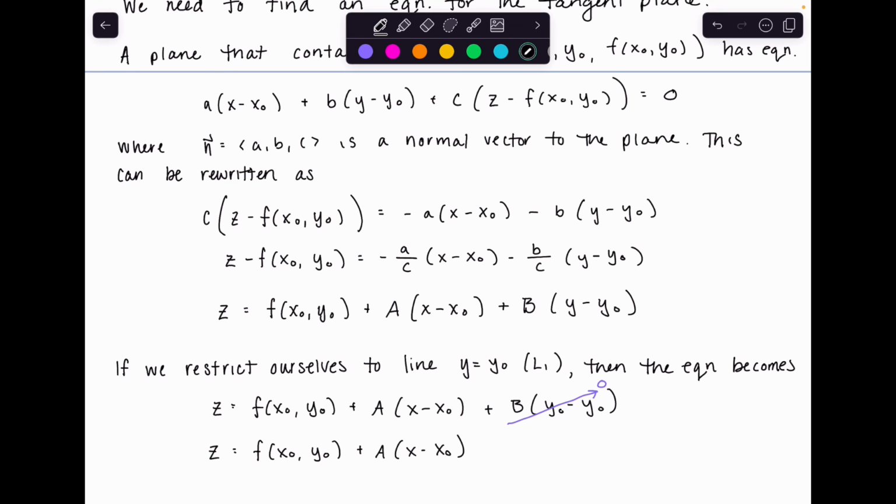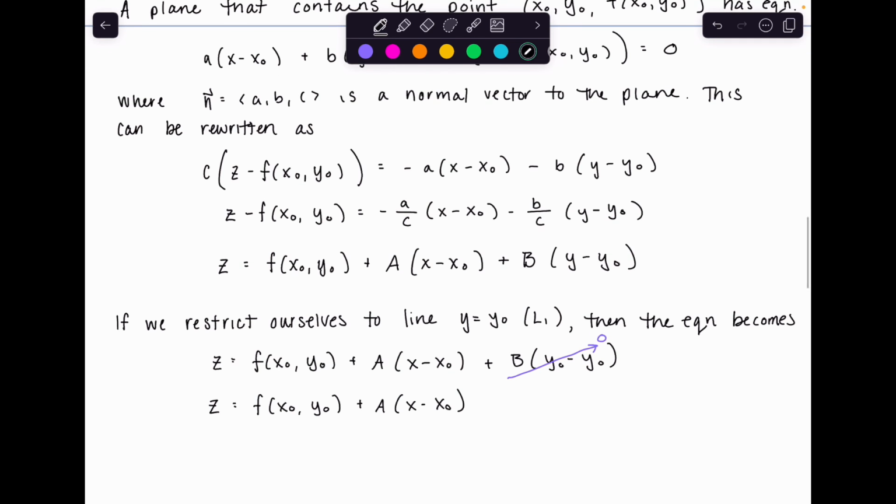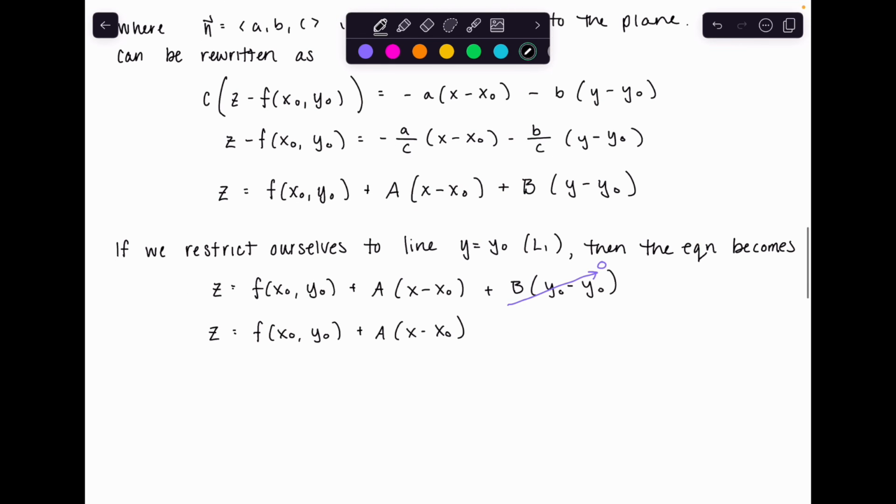And we know the slope of this line because this is the one that runs parallel to the x-axis. So this line has to have slope, which is the partial derivative. So this line must have slope which is the partial of f with respect to x at that particular point.